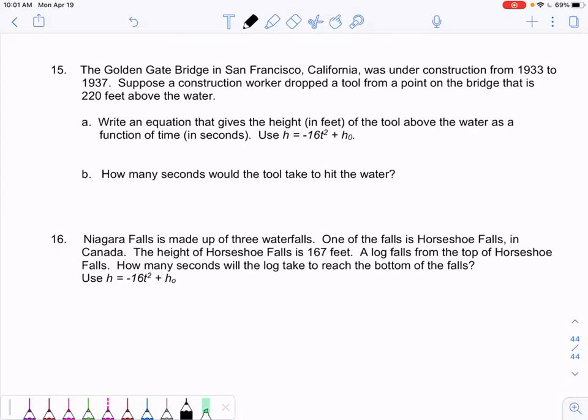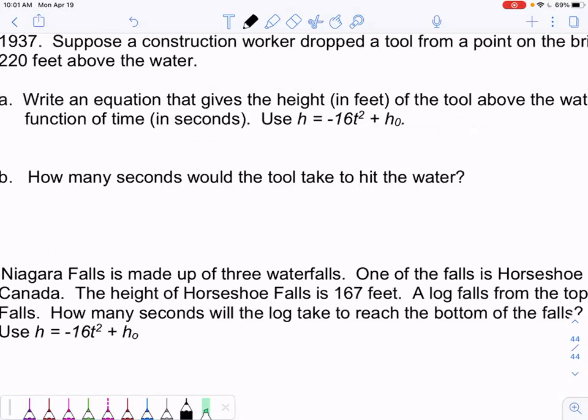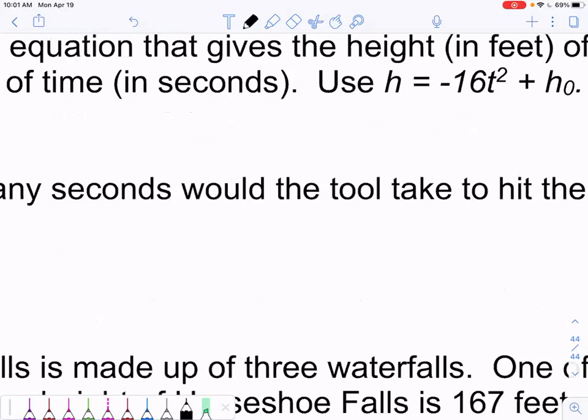We're going to use the same formula where we have an h, a t, and an h sub 0. Who can tell me what h stood for again? Does anybody remember what h stood for and h0 stood for? Good. So h is going to be your finishing height, correct? So your starting height is going to be your h sub 0.